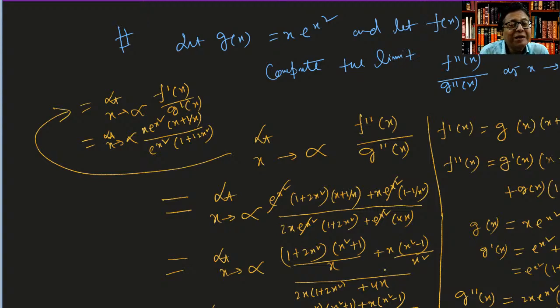So e to the power x square getting cancelled. Divide numerator and denominator by x squared, the leading term. Just check here. I am writing here: x squared plus 1, that divided by.